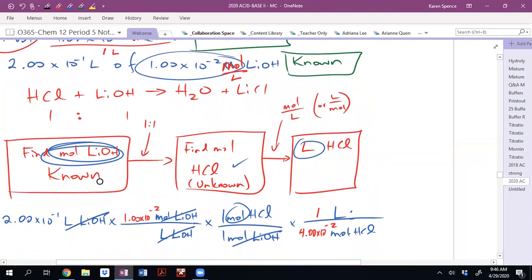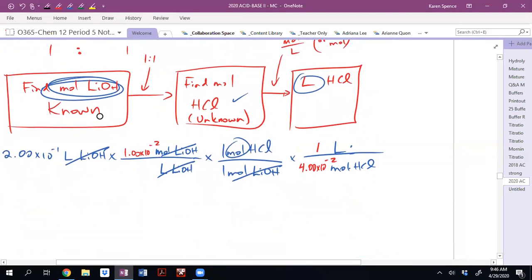Okay. So that will give us, let's see, we got a 10 to the negative 2 down here and up here. And so really all we have left is 0.2 divided by 4, which I'm going to do on my calculator because otherwise I'm going to put the decimal in the wrong place because that's just how I roll.